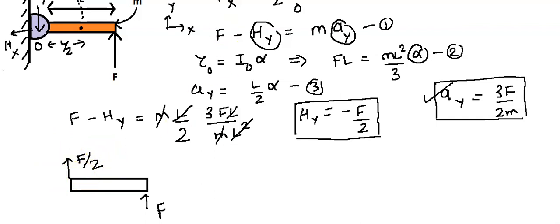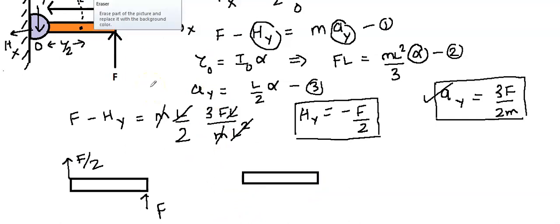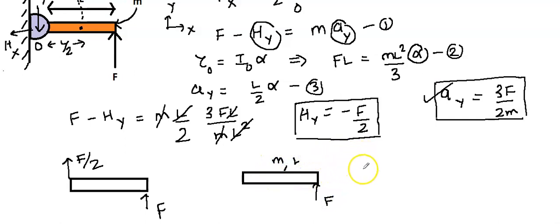If you actually think about it, let's say we have a rod, same mass m, same length l, and if I just apply a force F at one end, it's going to experience an acceleration of F by m.